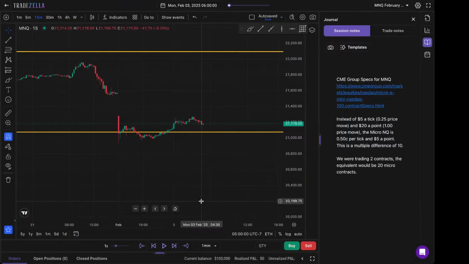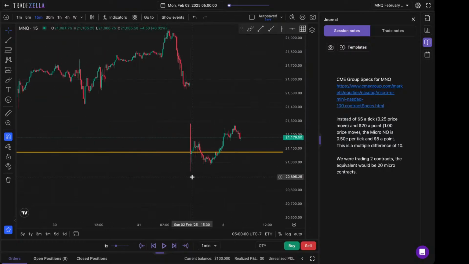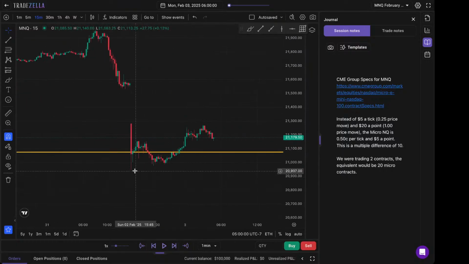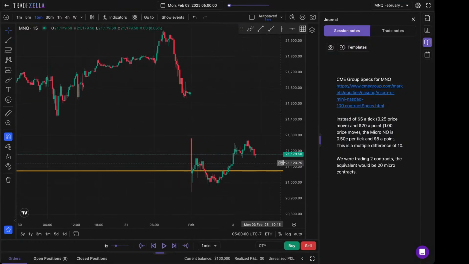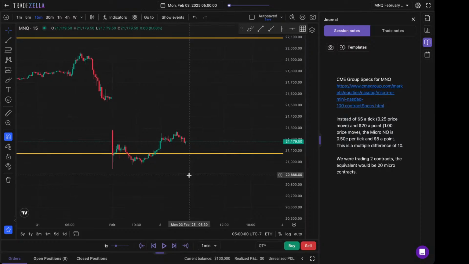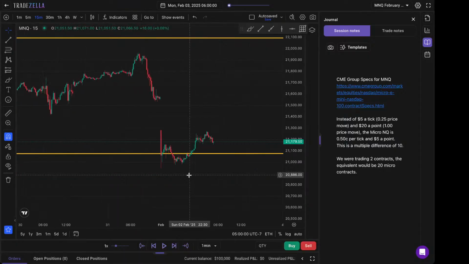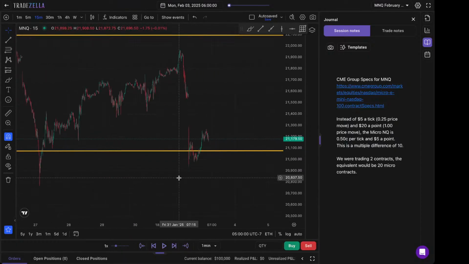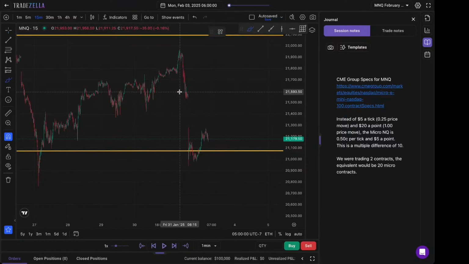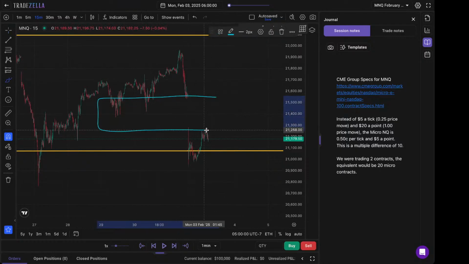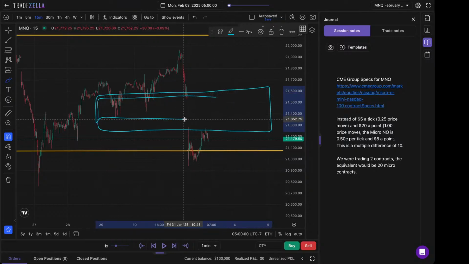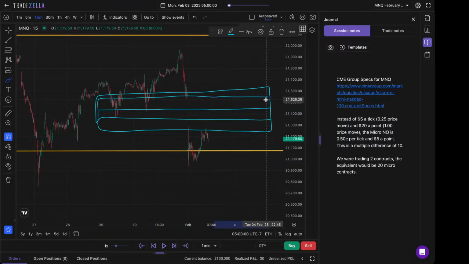We don't need this volume. We got MarketCipher for all that. Yeah, all right. I think the probability of us getting right back in here is very high.